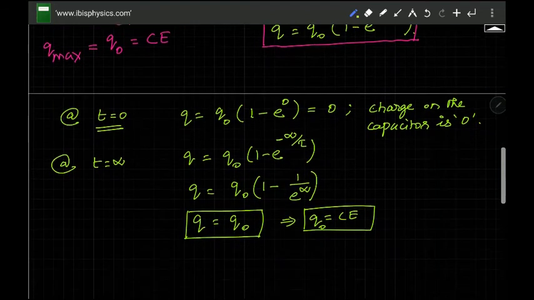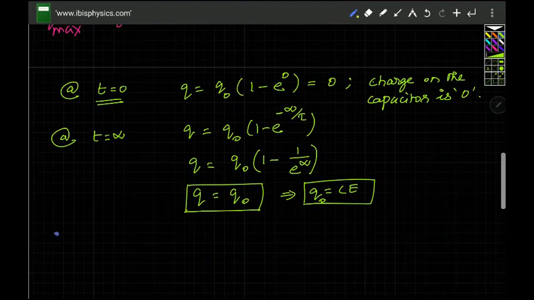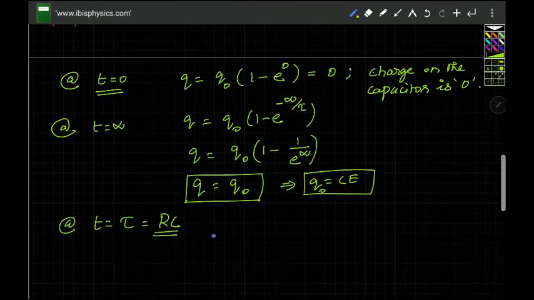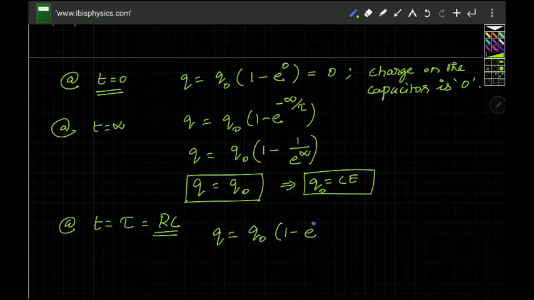What happens after one time constant? Because the time constant tau, we have said, is RC. So at t is equal to tau, which is actually RC or CR, what happens? We know that Q is equal to Q naught into 1 minus e power minus t by tau. When time t is equal to tau, these two will cancel and we will have e power minus 1.